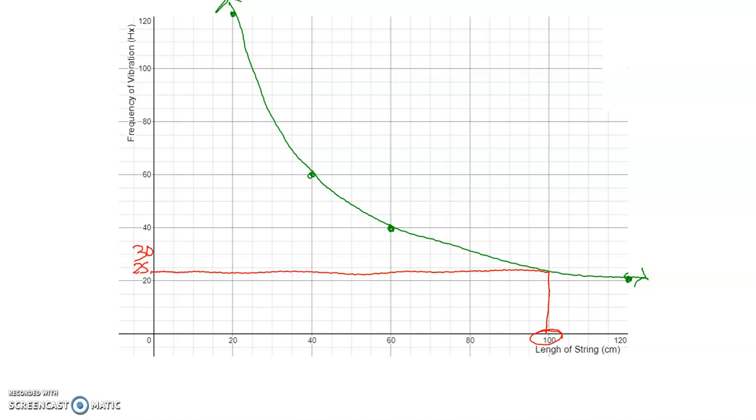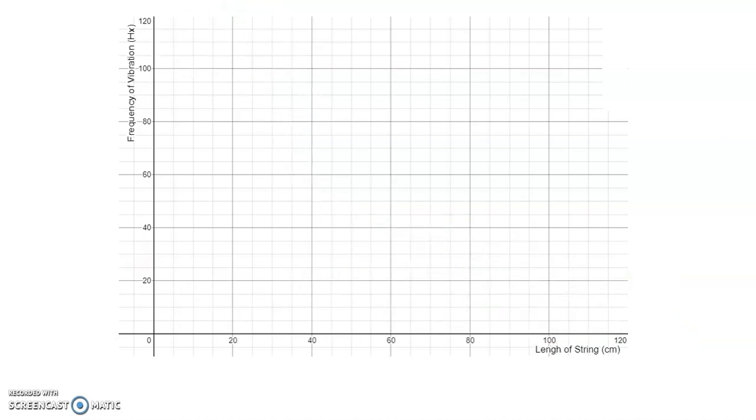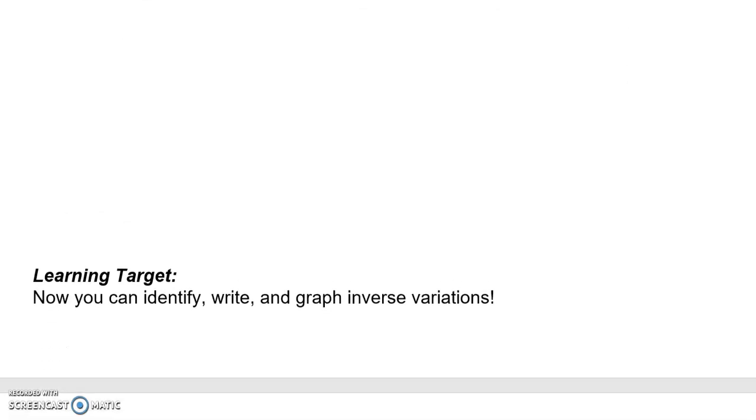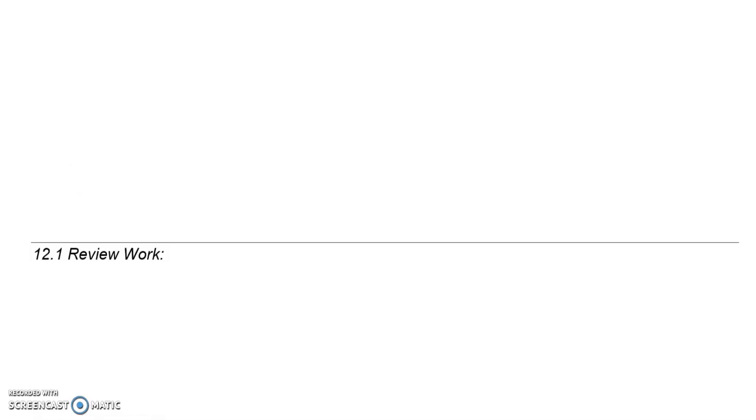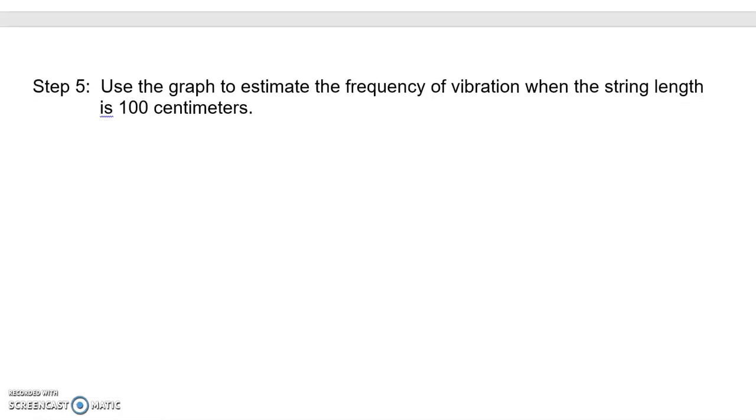So now let's check that numerically and see if we get that same value. Going down here to step 5, let's use the graph to estimate the frequency of the vibration when the string length is 100 centimeters. When we used the graph, we said that was about 24 hertz.